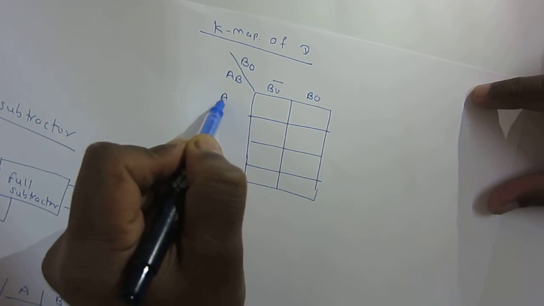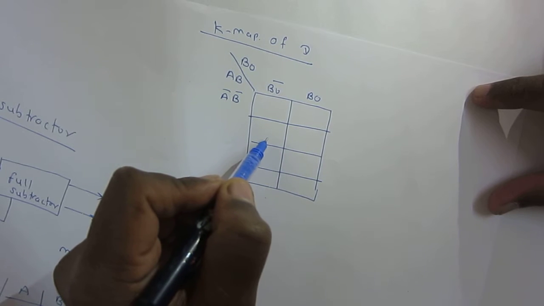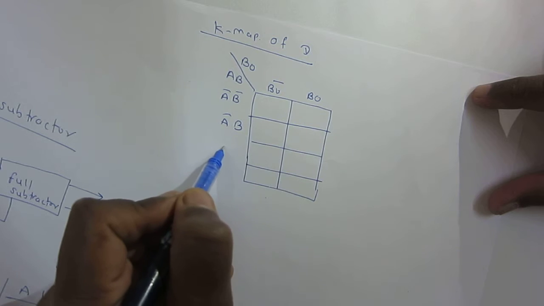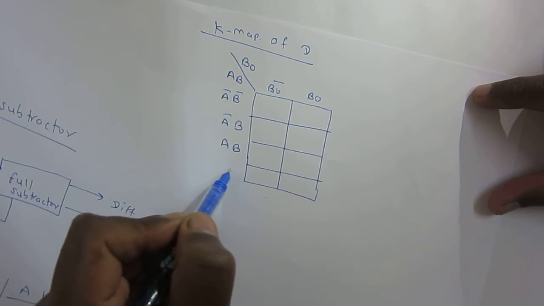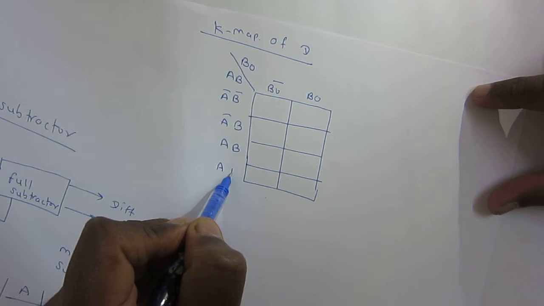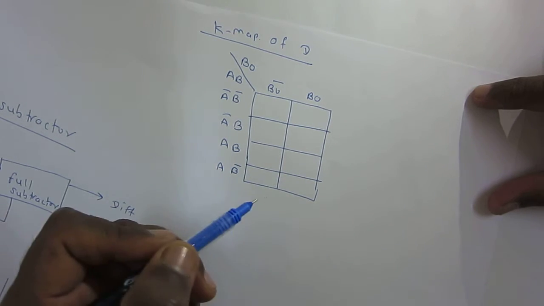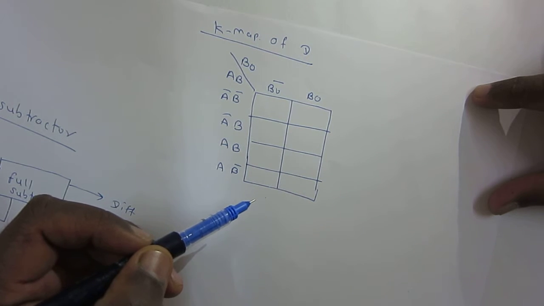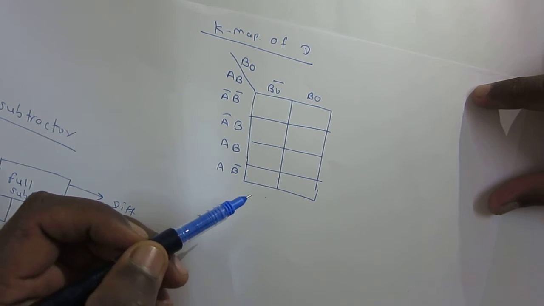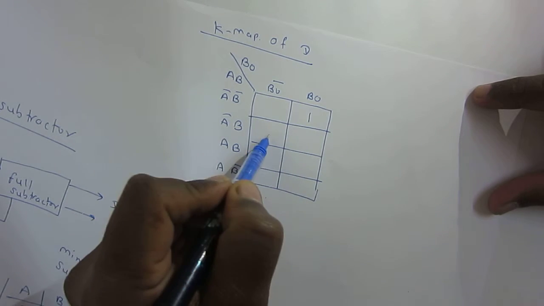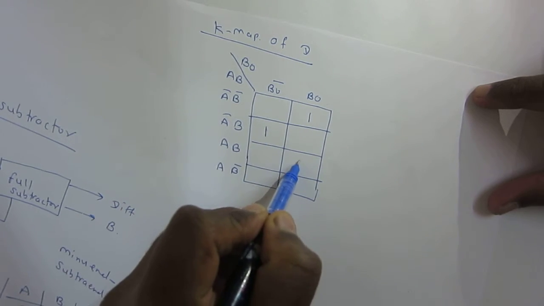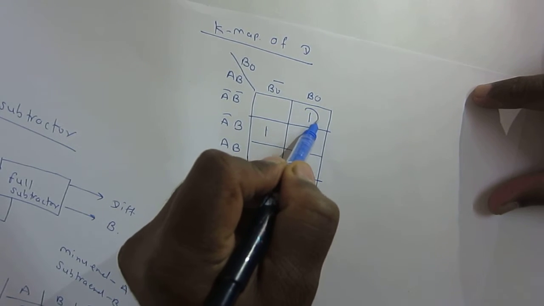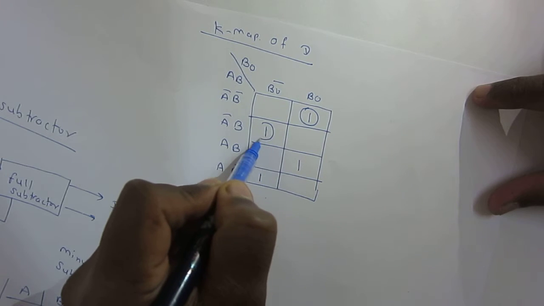These are the elements of the Karnaugh map. We have here A bar B bar, then A bar B, then AB, and then A B bar. Now we put the elements of the difference in this Karnaugh map. The elements are 1, 1, 1 and 1. If we look at this K map, there will be four ones.